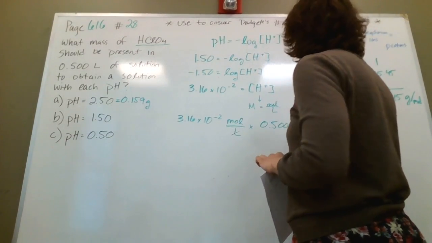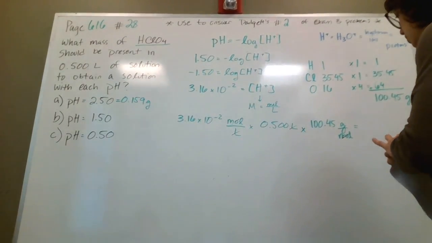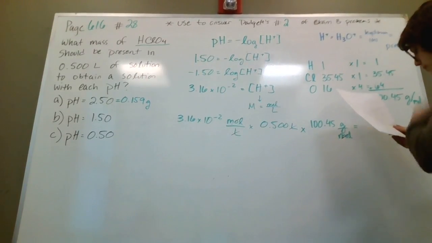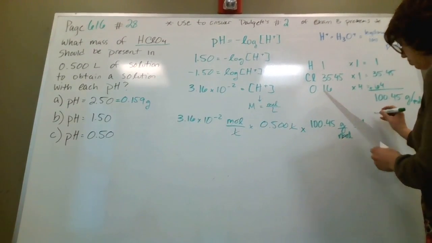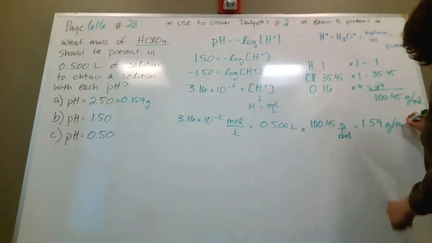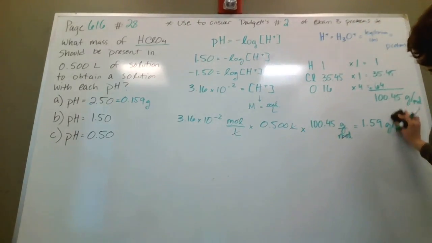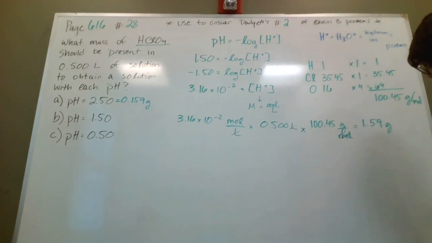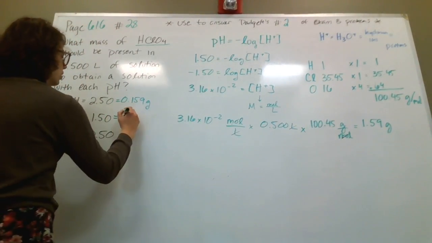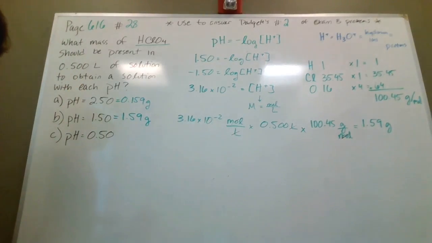Our liters cancel, our moles cancel, and we're left with just grams. And we have 1.59 grams per mole. Nope, sorry, just grams. Sorry, we canceled our moles. Just grams. Good.